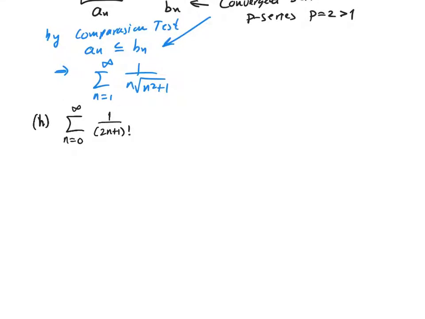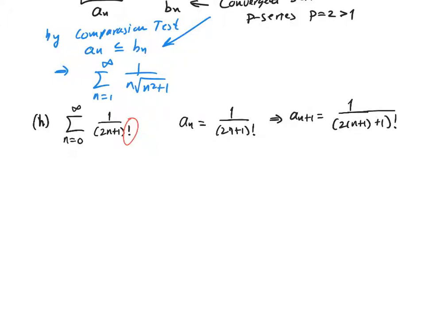And the last one, part H, the method to use should be the ratio test because of the factorial. So here a_n is 1 over (2n plus 1) factorial. That means a_(n+1) is going to be 1 over (2(n plus 1) plus 1) factorial.